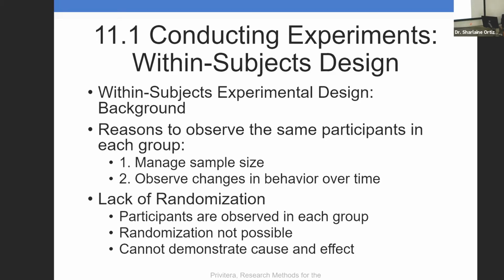Notice that in this particular design, we may have different reasons as to why I don't want to observe different groups, right? I want to observe the same group of participants. And there are several reasons. The first one is because we are interested in managing the sample size.